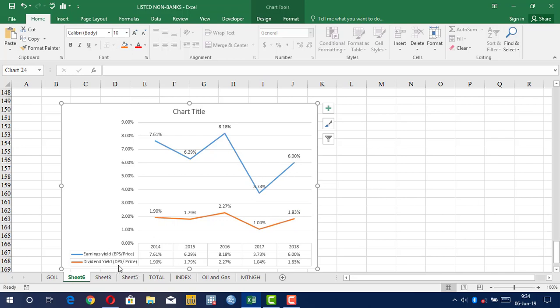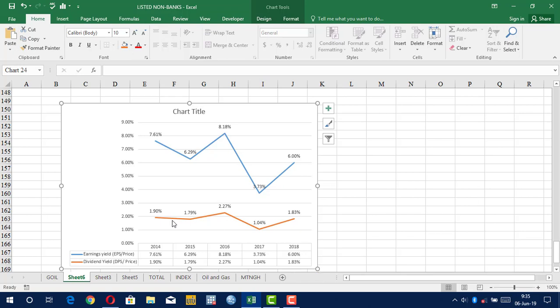Let's look at the dividend yield. In this case, for every investment that you make, how much dividend are you going to earn on your shares? We have the dividend yield for 2014 to be 1.90%, 2015 to be 1.79%, 2016 to be 2.27%, 2017 to be 1.04%, and in 2018 1.83%.